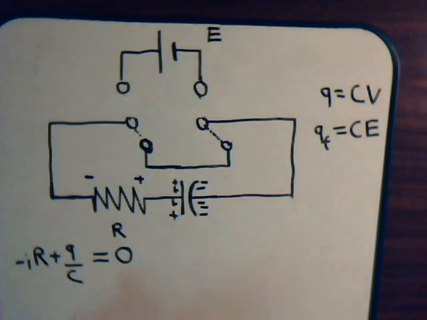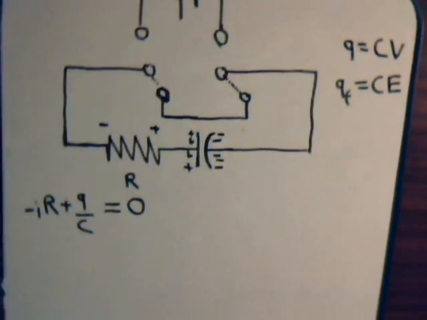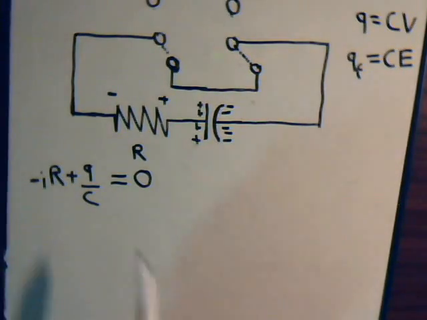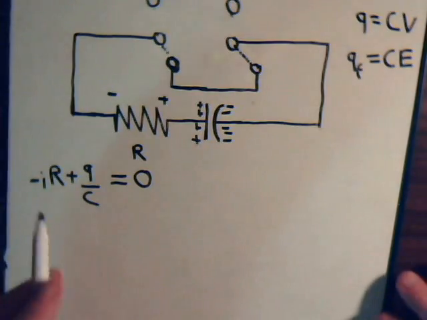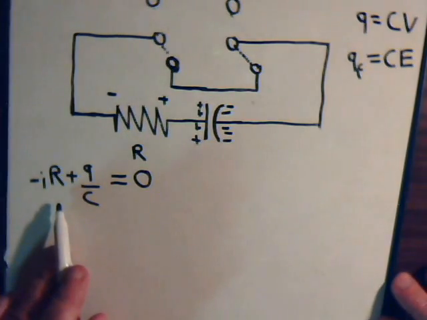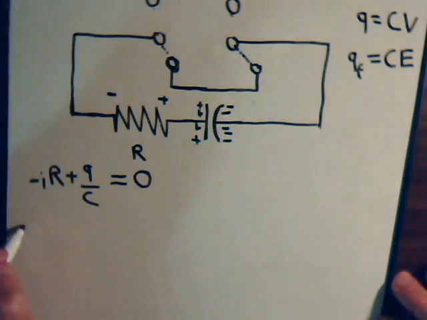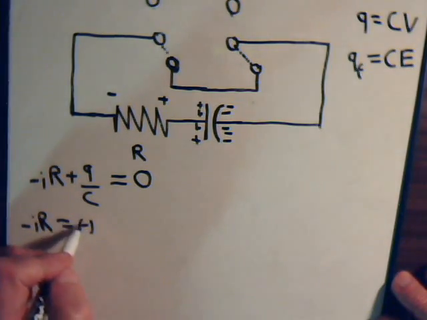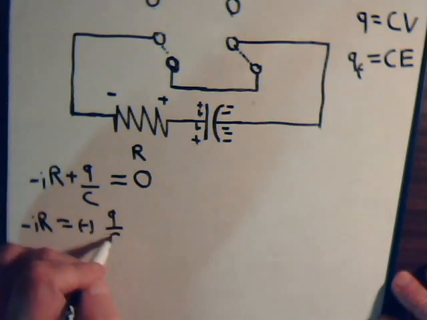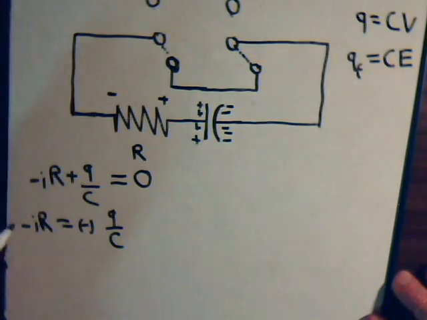So we have this pretty simple looking equation, or we can say that bringing this over to here, we have minus IR equals minus Q over C. So these cancel.